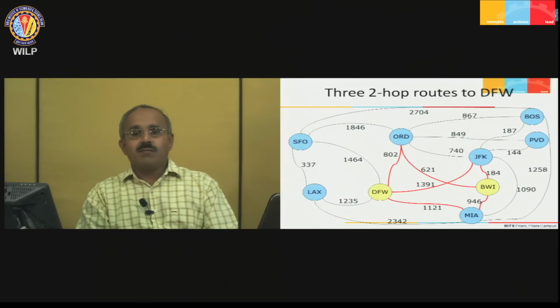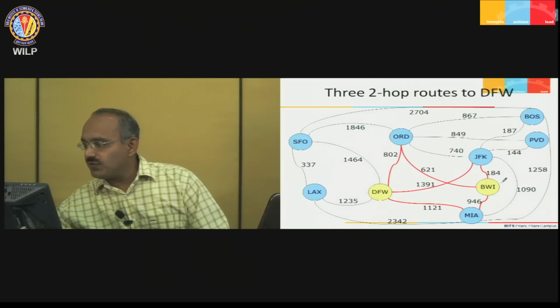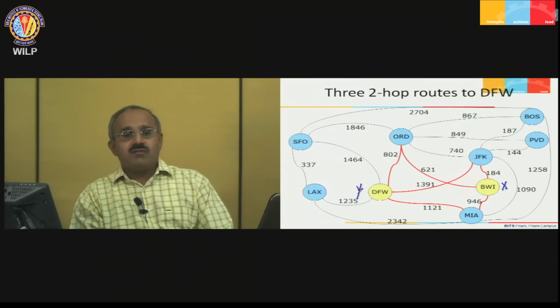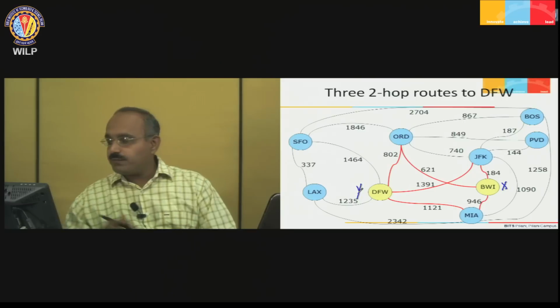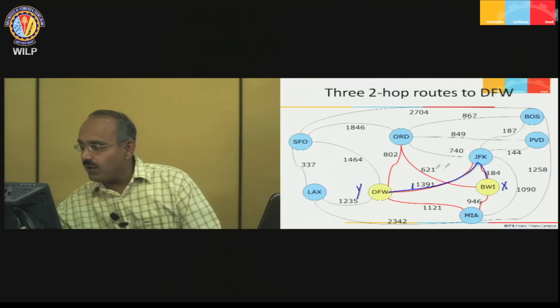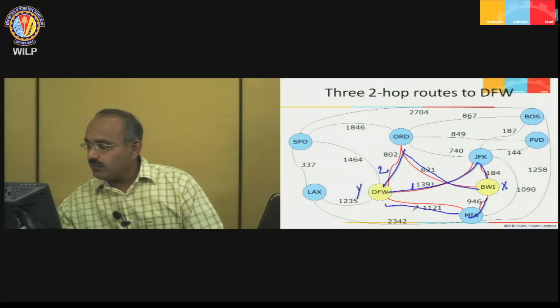So, in the same example, if you are looking at source and destination, this is your source x and say destination is y, we observe that there are plenty of paths which have 2 hops from x to y. One such path is path number 1, this is path number 2 and this is path number 3.